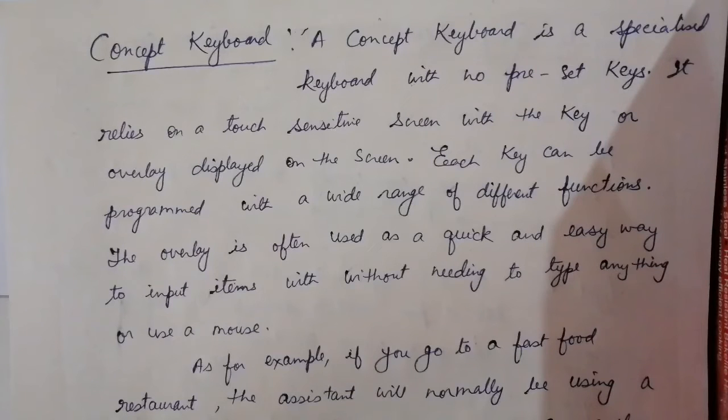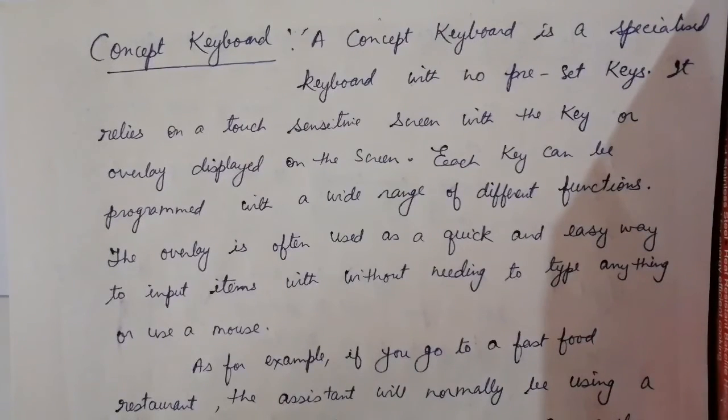For example, if you go to a fast food restaurant or any restaurant, you can see the concept keyboard in the hand of the assistant. It contains some pictures or icons which he or she presses to take your order, like ice cream.